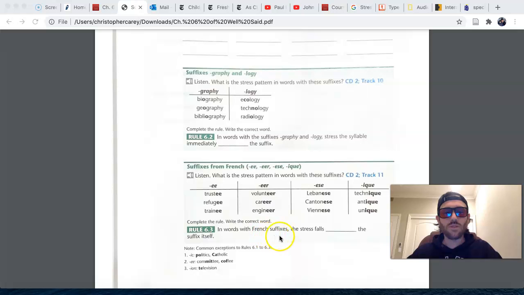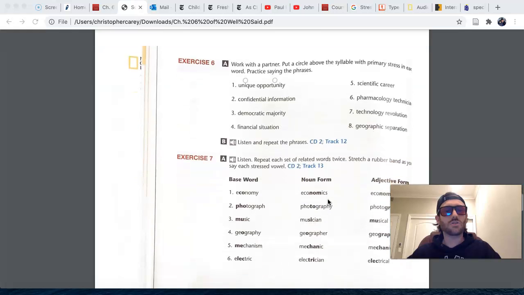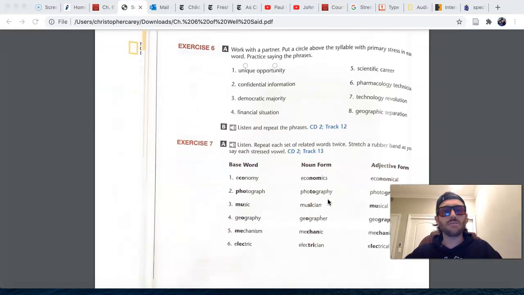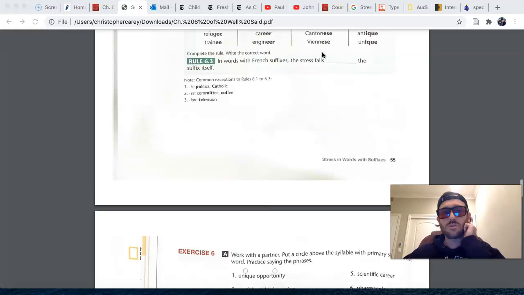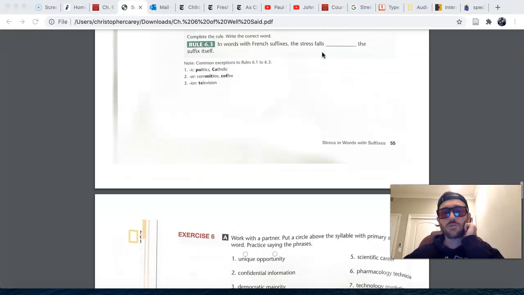In words with French suffixes, the stress falls on, in, or within the suffix itself. So if you want additional practice, you can do exercises 6 and 7 and place circles above the syllable with primary stress. And just refer back to your notes if you want to double check and make sure.